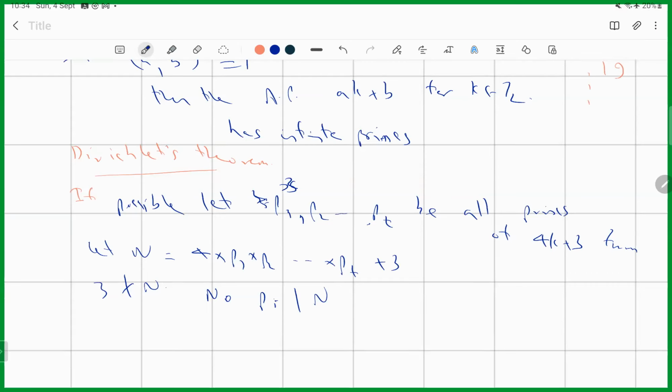Sir, let's assume there are finitely many primes of the form 4k plus 3. Then we multiply all of those by 4 and add 3. Up to this step you have done the same thing as Raghav, so you constructed this number n. After that, what will you do? Now this is an odd number, so it will have only odd factors.